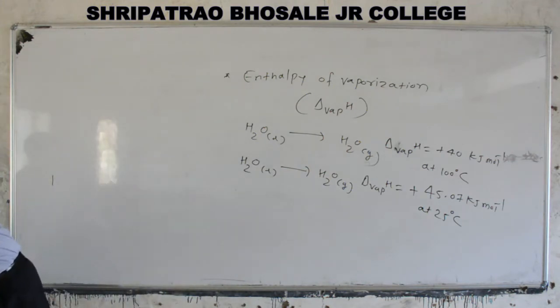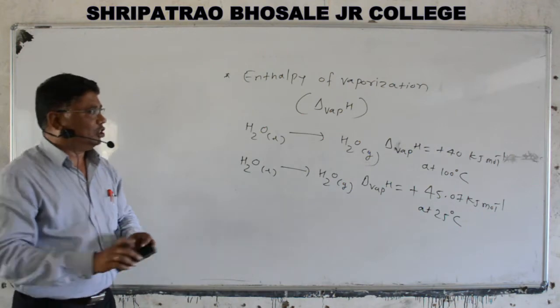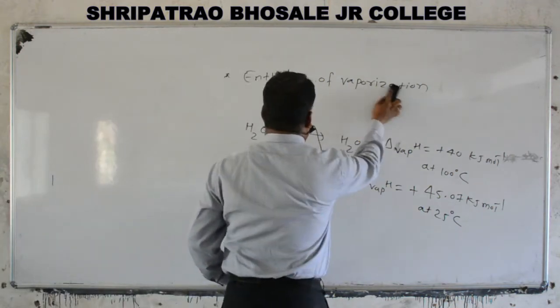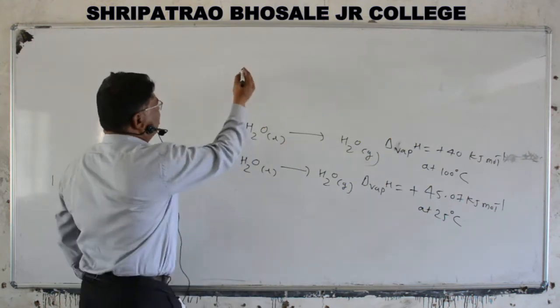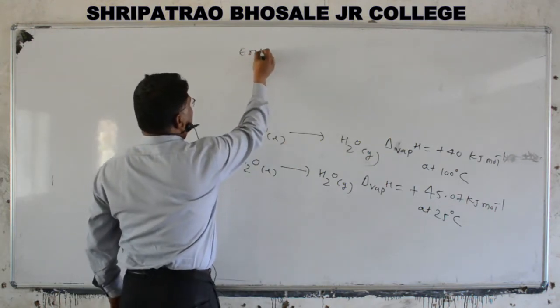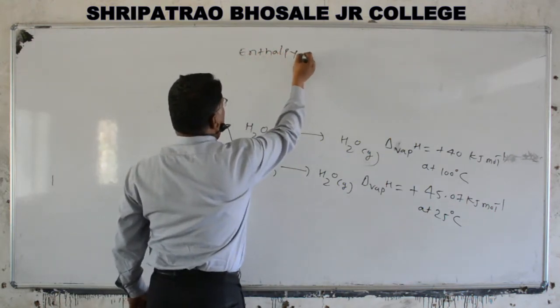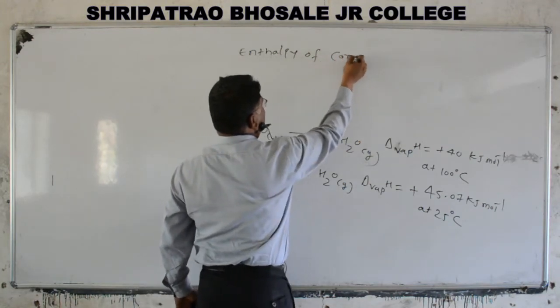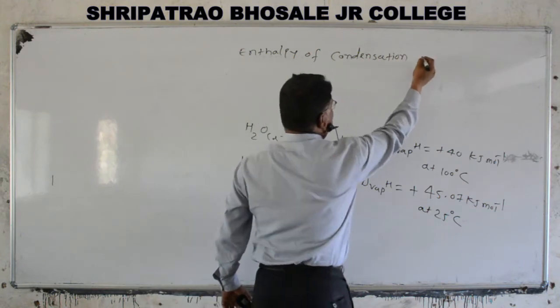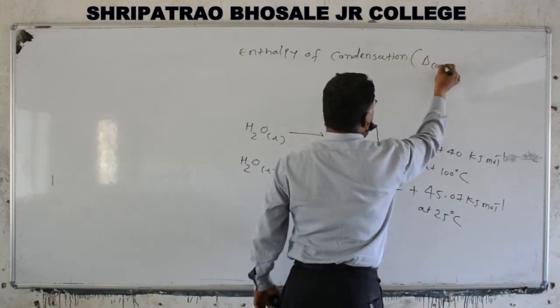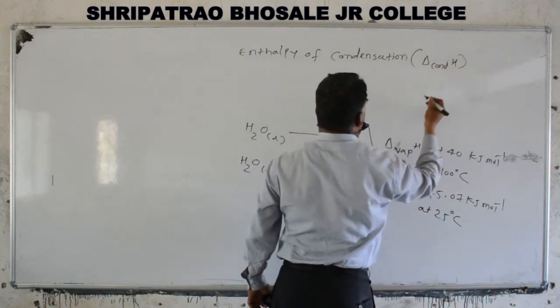Now we want to know what is called condensation of vapor, or enthalpy of condensation. The reverse of this is called condensation, denoted as delta H condensation.